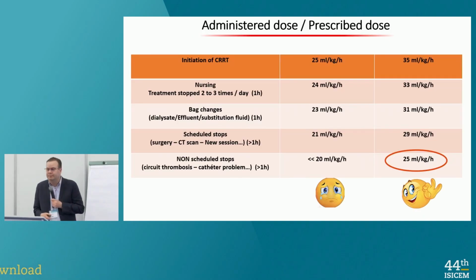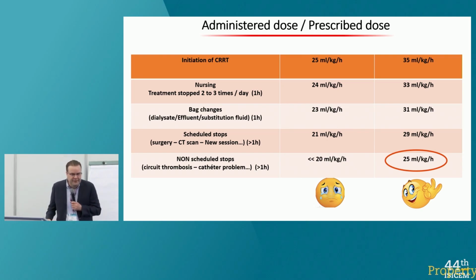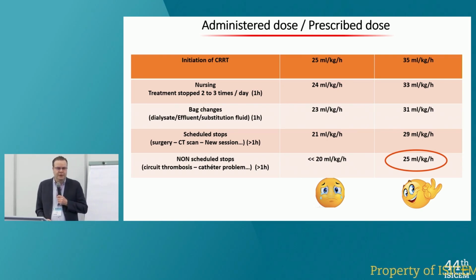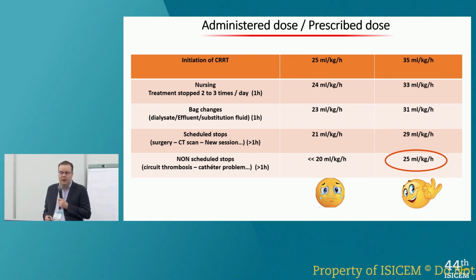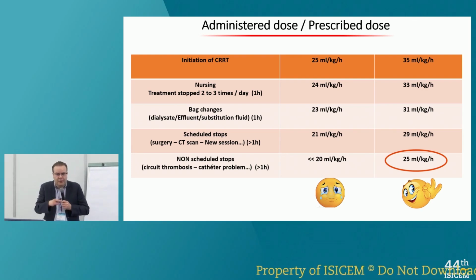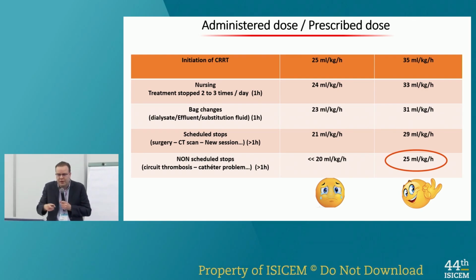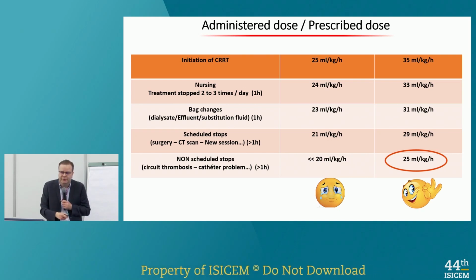Why is there a gap? Because you are going to do a little bit of nursing of your patient 2 to 3 times per day. At that moment, you put your machine in a safety mode, where only the blood pump runs, so you lose a little bit of dose.